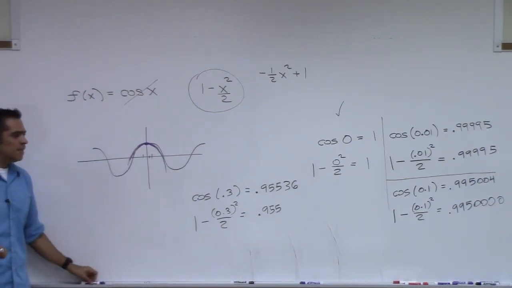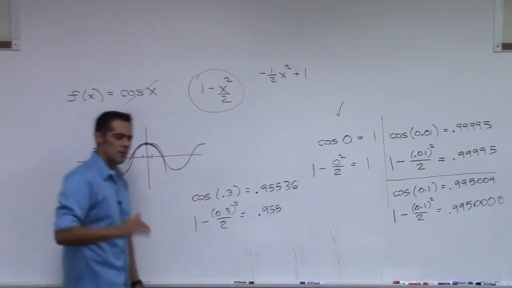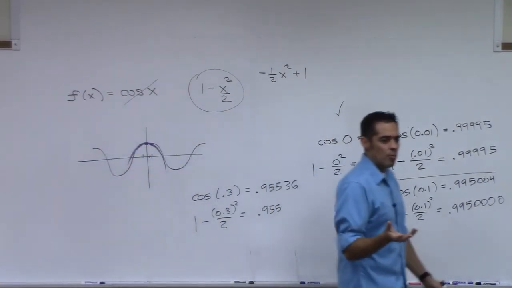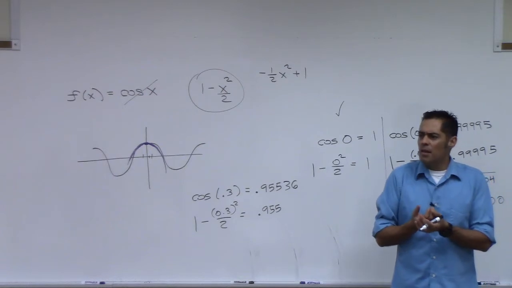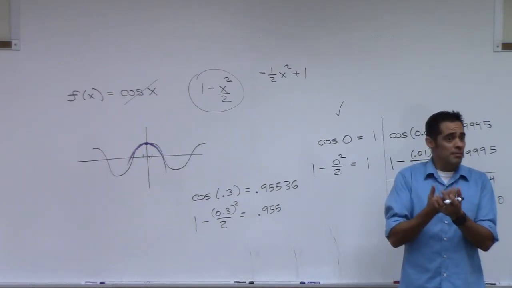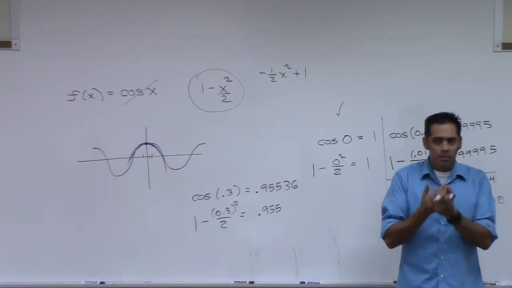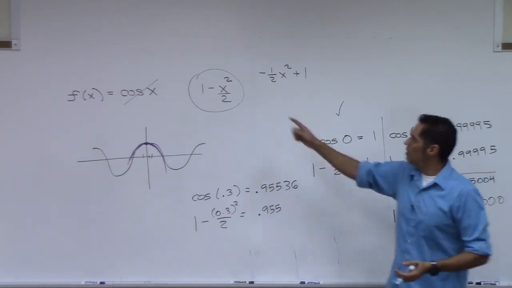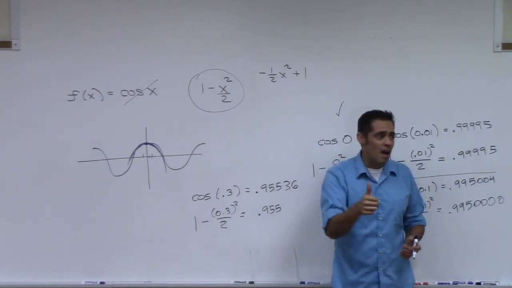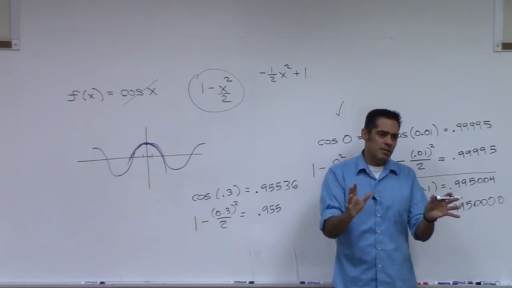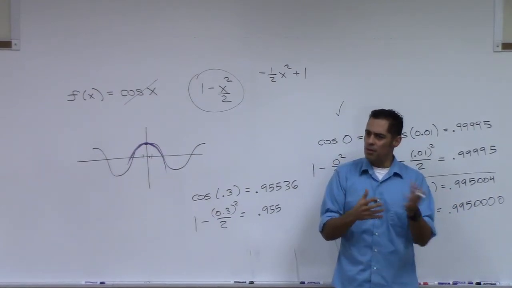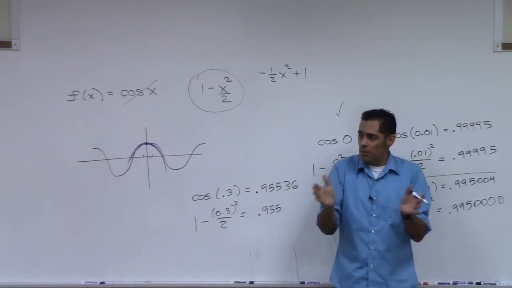And so if you're in a physics class or chemistry or whatever, and you get into a problem where you've got cosine appearing and then you have to do some sort of algebra to it, you can replace the cosine expression with this expression and it's good enough, right? Because in the real world, if you're building something, you only have to be within a certain precision.